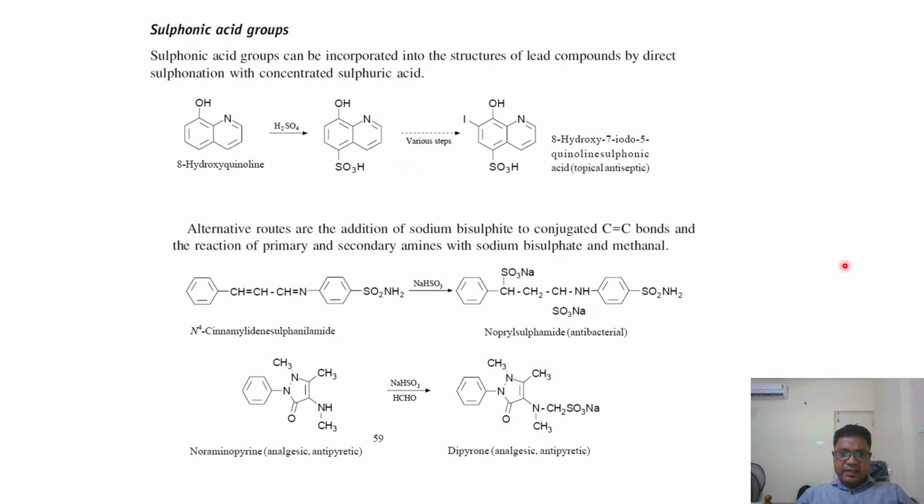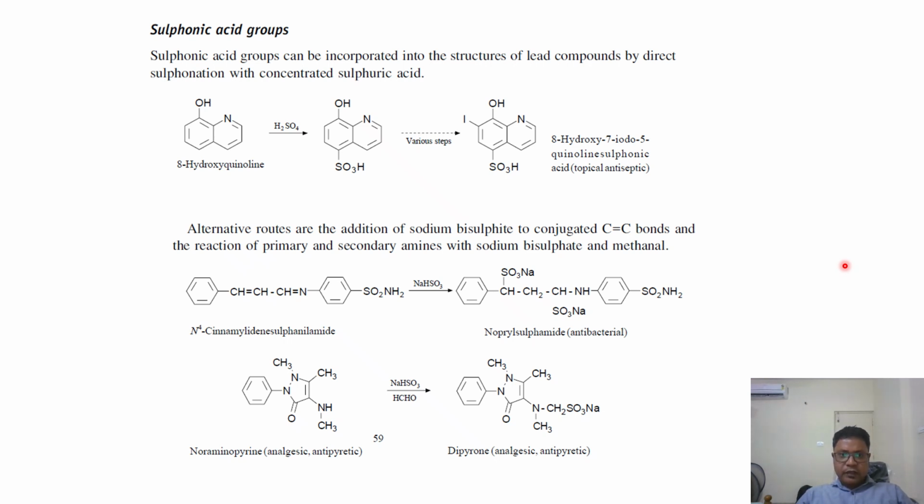For example, 8-hydroxyquinoline, if we treat it with sulfuric acid, we can simply incorporate SO3H, and then after various steps, we can incorporate the iodine, which is essential for the drug molecule. And we can see this 8-hydroxy-7-iodo-5-quinoline sulfonic acid is a potent topical antiseptic.